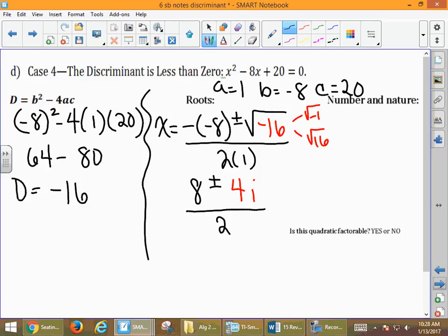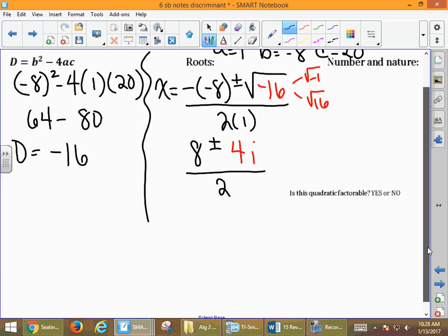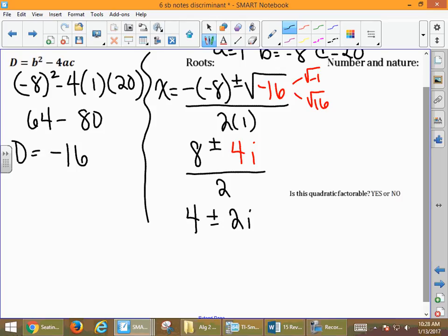And once again to point out, 8 and 4 and 2 are all even numbers. That means that they're divisible by 2. 8 divided by 2 is 4. 4i divided by 2 is 2i. 2 divided by 2 is 1. We don't necessarily need to write that 1.